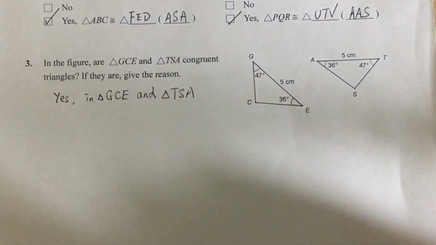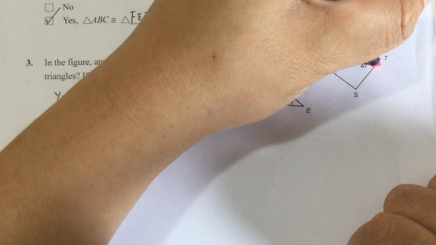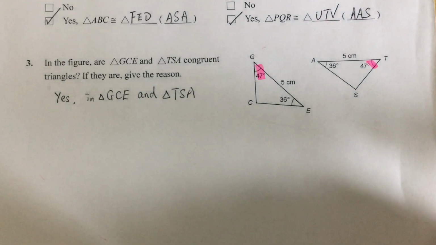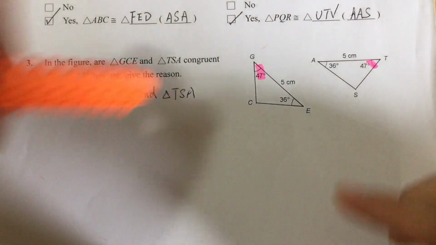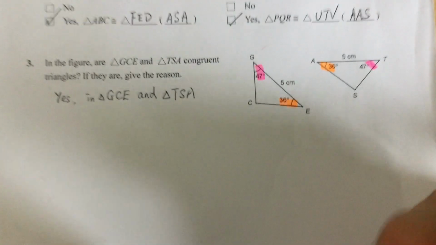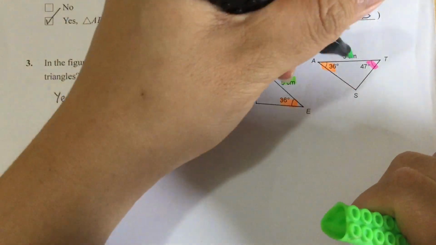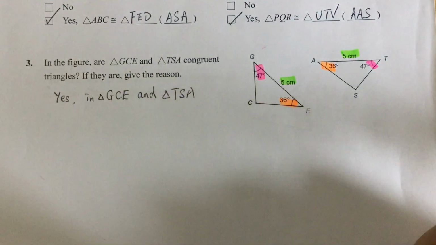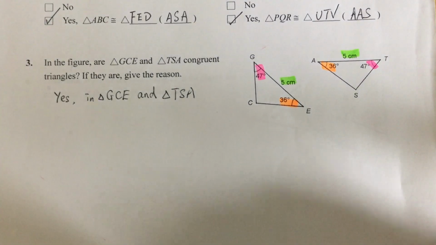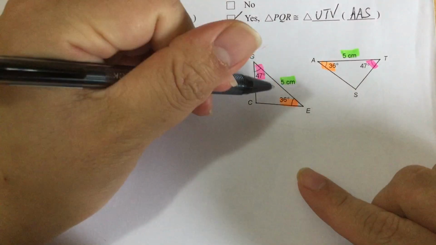Angle GCE is 47 degrees, so this one is the first condition that we will use. The second condition is 36 degrees. We have two angles, so that must be ASA or AAS. But the last one, you will find that it is in the middle. This is 5 cm and 5 cm. So I think that this one is ASA, because the side is in the middle.